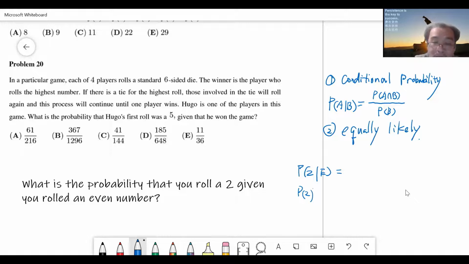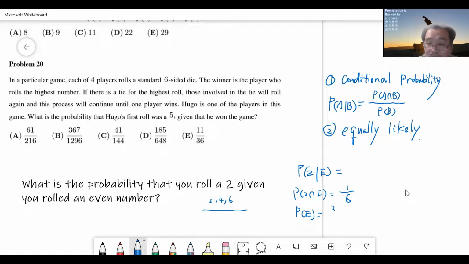So I can write here P(2 and even number). You have a 2 and an even number together, so this is going to be 1/6 of a chance. This is P(A and B). Then what is P(E)? You got an even number. Even numbers are 2, 4, and 6 out of 6 possibilities, 1, 2, 3, 4, 5, 6.